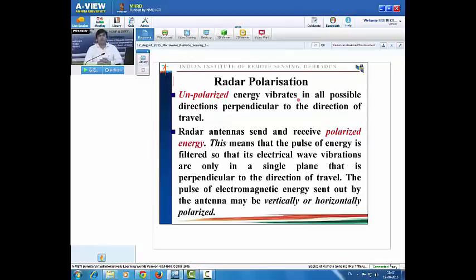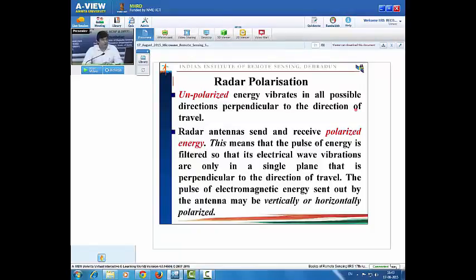Now when we are talking about the radar sensor, we are using polarized electromagnetic waves. Why? Because unpolarized electromagnetic wave or energy vibrates in all possible directions perpendicular to the direction of travel. So at that time, the return signal will again have unpolarized vibration, in all the possible directions.